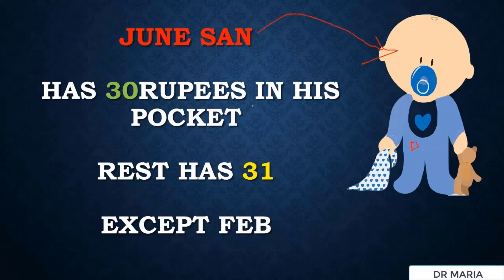He has 30 rupees in his little pocket. So June Sen stands for June, September, April and November. These 4 months have 30 days in them, while the rest of them have 31 days except February. February either has 28 days or 29 days.